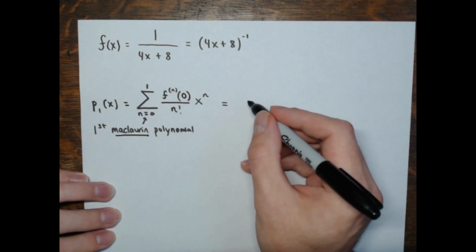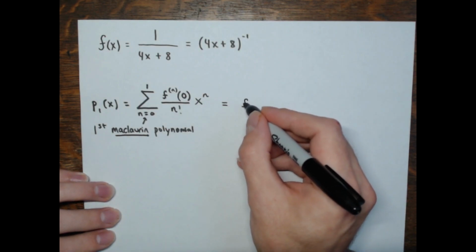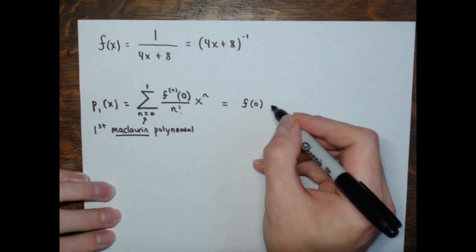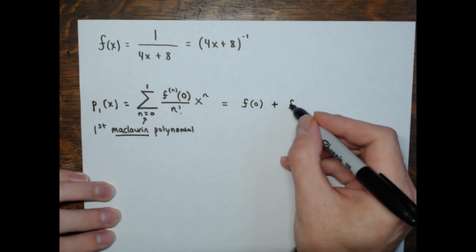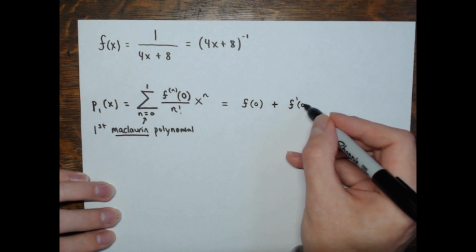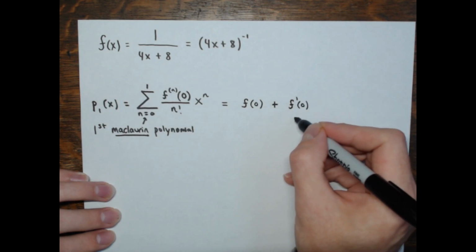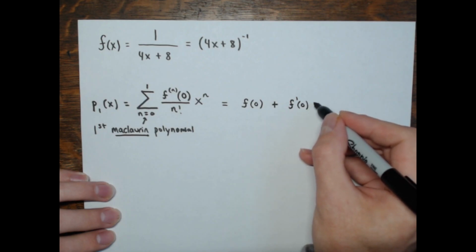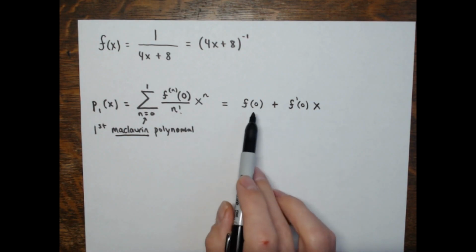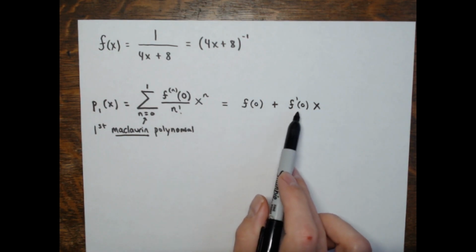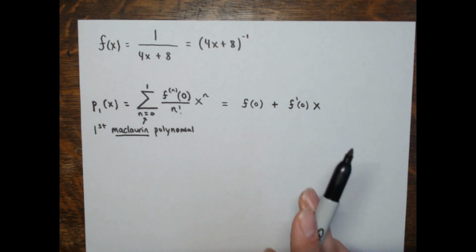So this should be just f at 0 for the first term, plus, when n equals 1, f prime at 0, the first derivative at 0, divided by 1 factorial times x to the first. And that's all they want. We just need to find f of 0 and f prime of 0.